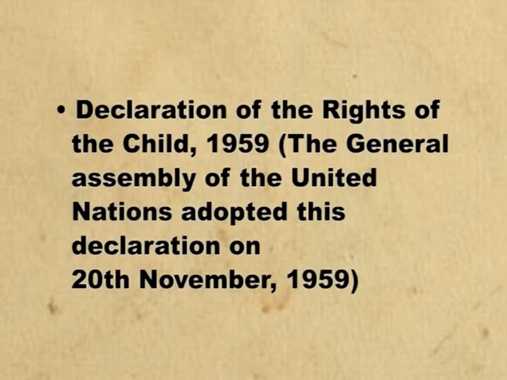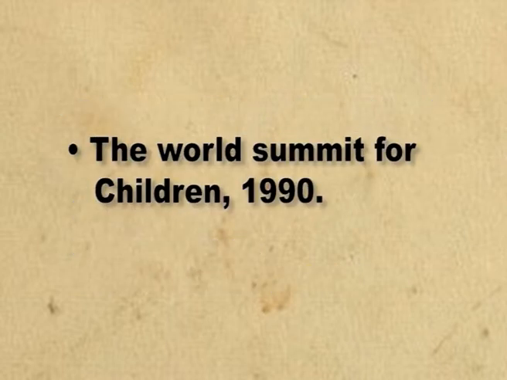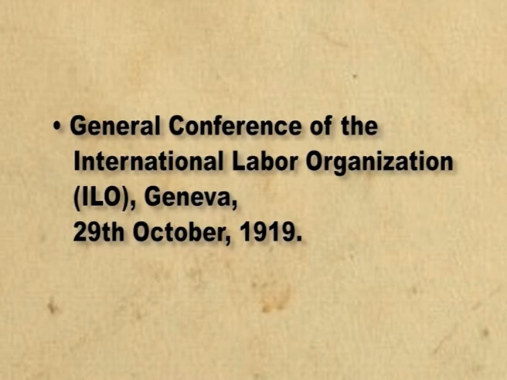Declaration of the Rights of the Child 1959. The General Assembly of the United Nations adopted this declaration on 20th November 1959. The World Summit for Children of 1990. Declaration of Geneva 1924, General Conference of the International Labour Organization, that is ILO, Geneva, 29th October 1990.